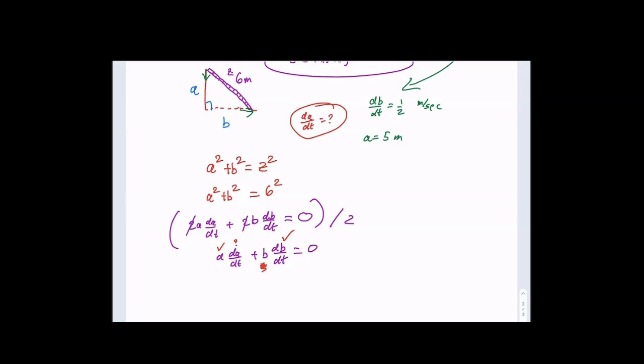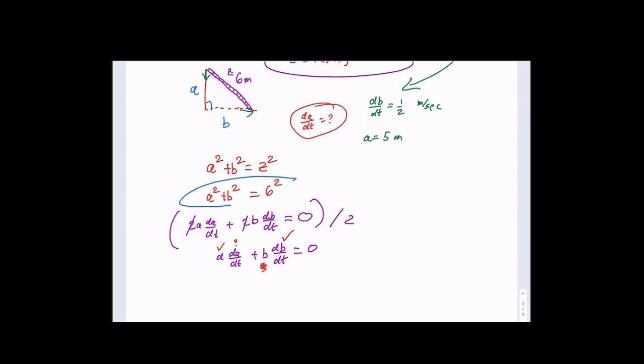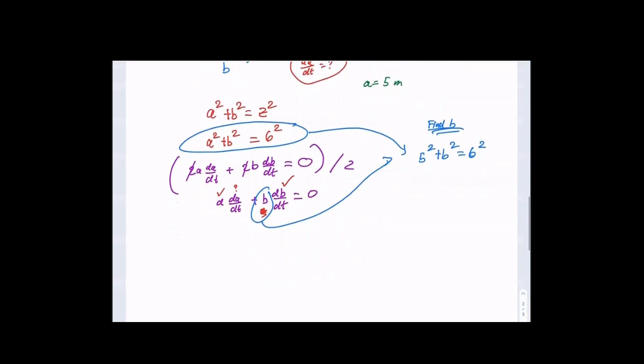We can go back to the original equation, A squared plus B squared equals 6 squared. Then we plug in A, and we know what Z is. So the fix is to solve for B. Perfect. So 5 squared plus B squared is equal to 6 squared. I need to find B before I find dA/dt. Good.